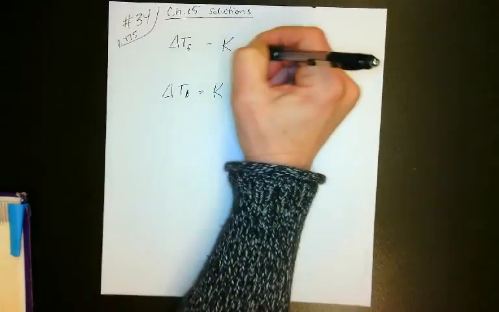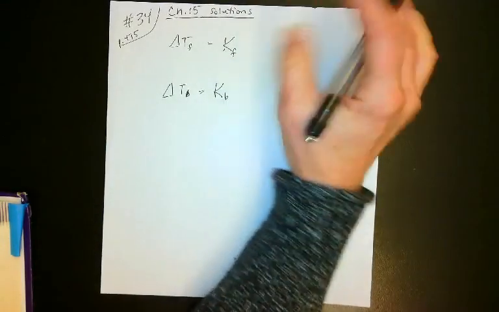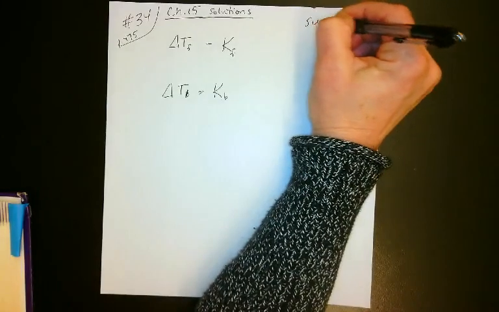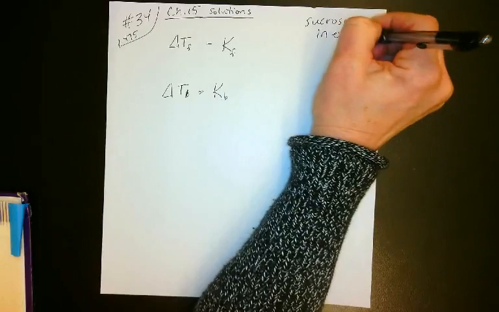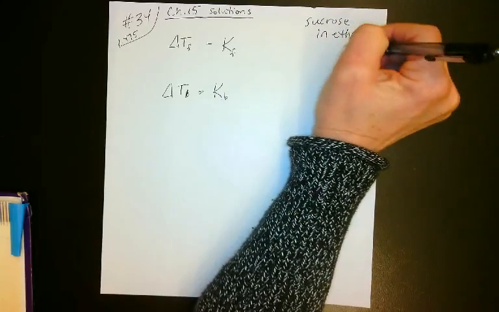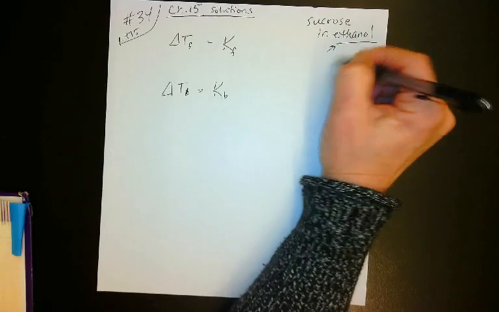That's for freezing and boiling of whatever your solution is. And this solution happens to be a solute of sucrose in ethanol. Ethanol is the key one we have to look up on the tables, so maybe you didn't know that part.